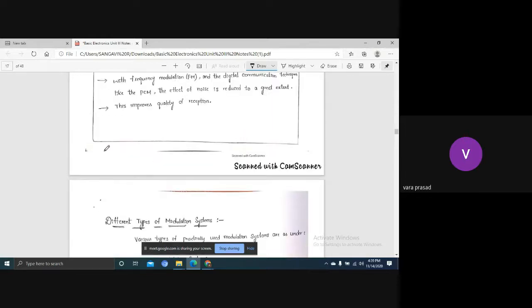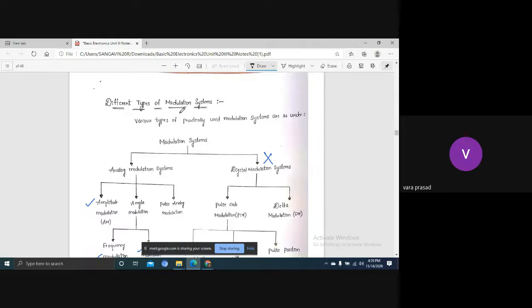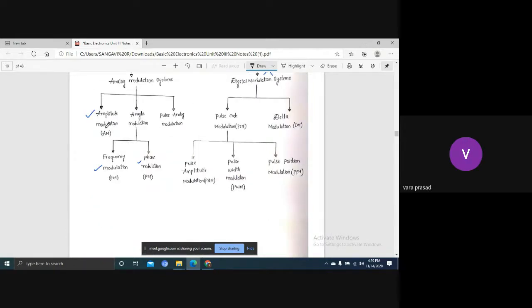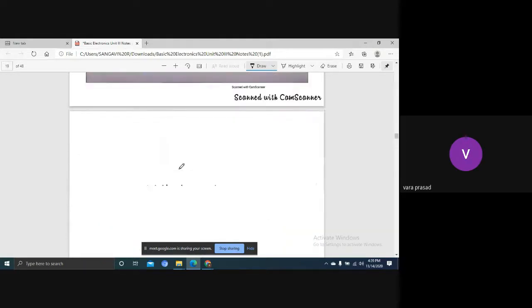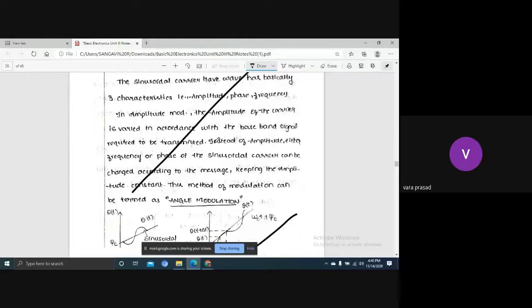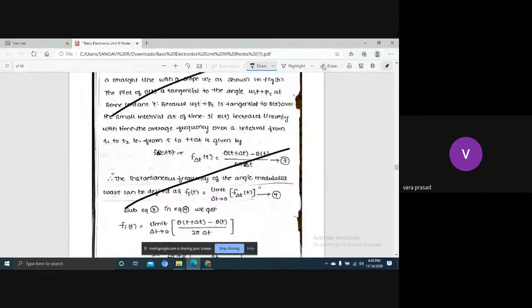And the fourth one, different types of modulation: analog, amplitude, frequency. This one, amplitude modulation, up to here. These all you don't want. Next one is frequency modulation. Okay, these 5 topics you can study. Okay, thank you.